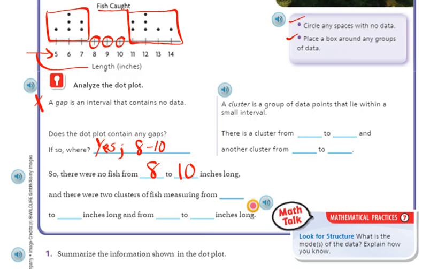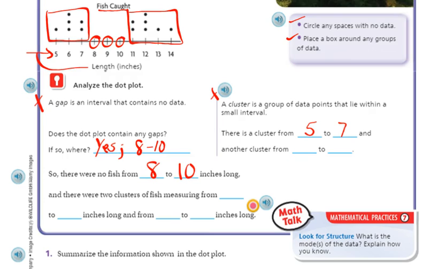Oh, sorry, let's not get to that. That's a review here. Let's go back up to this point here. A cluster is a group of data points that lie within a small interval. So here we're looking at how that data is clustered or clumped together. There is a cluster from 5 to 7. That was the first box that we completed.